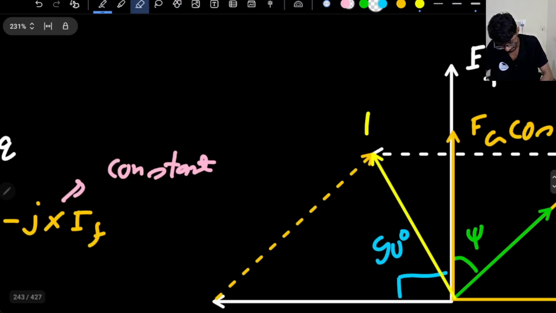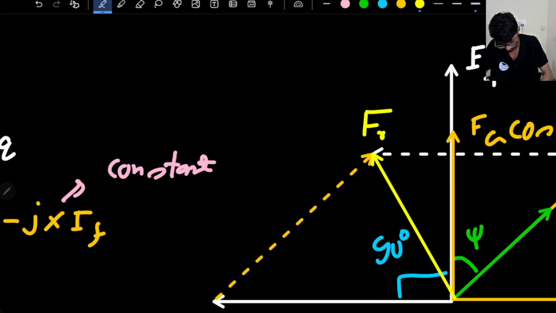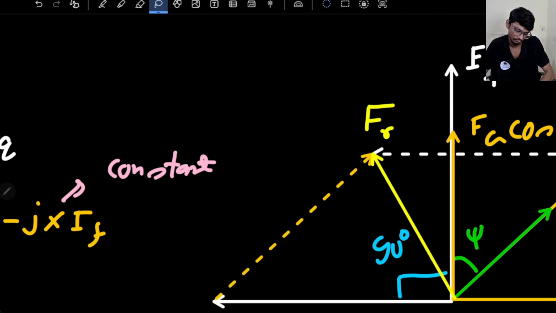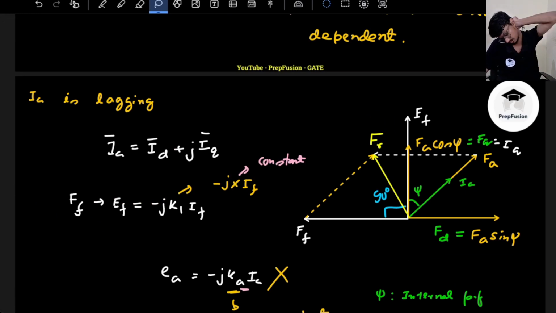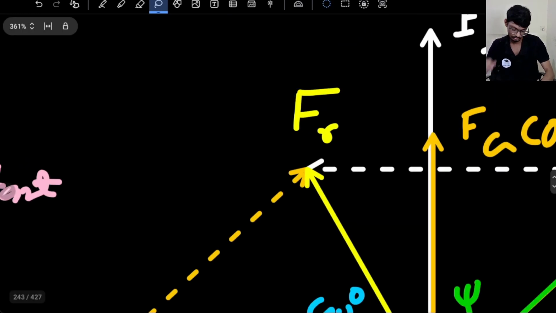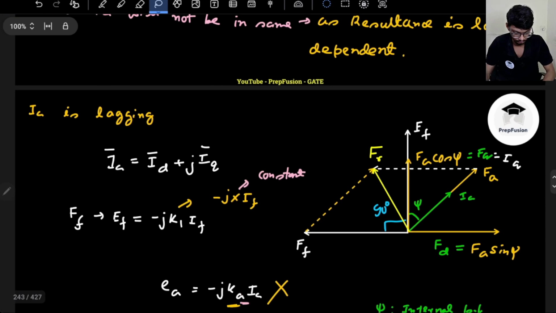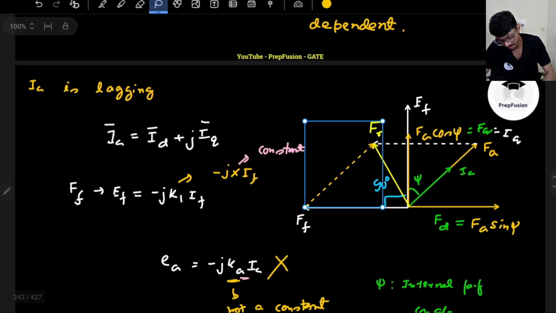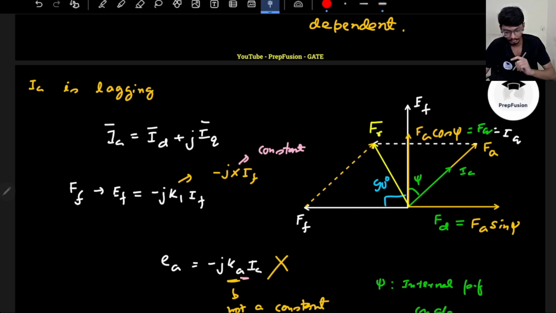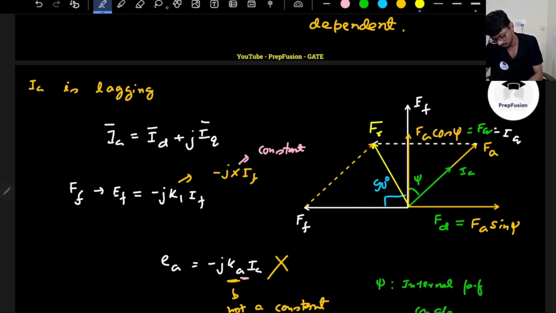This will be FR. This will be my resultant, right? So according to this resultant field, I will get an EMF. That EMF will be 90-degree lagging to this FR. So it will be somewhere around here.